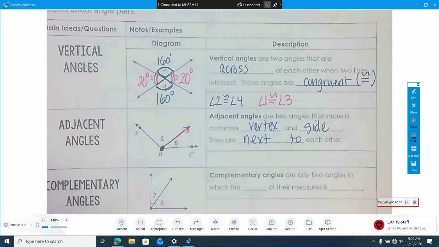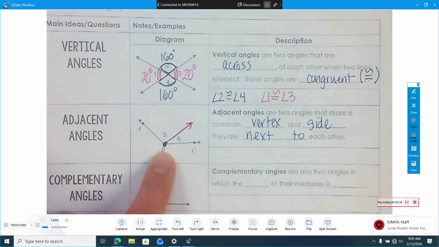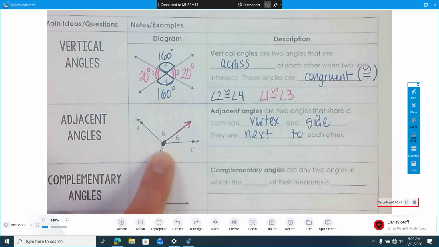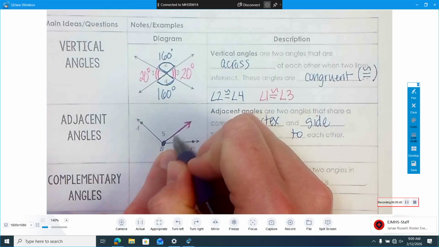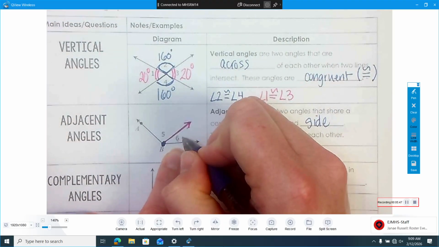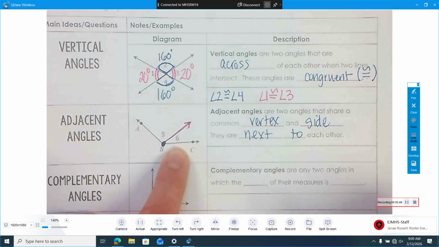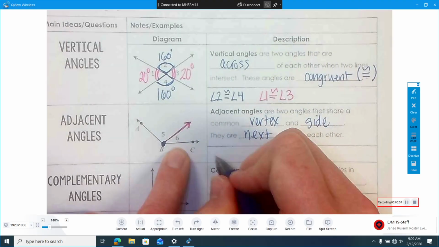When we have adjacent angles, we can write little equations where we say, hey, if I know the measure of angle number 6 here, let's see, I'm going to write this down.